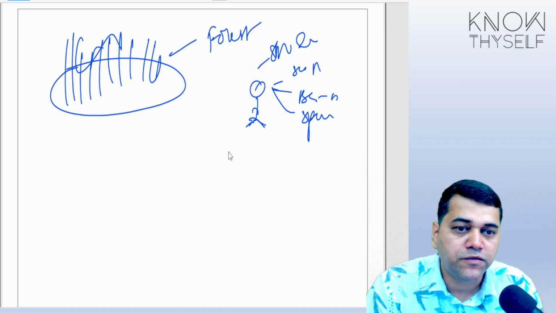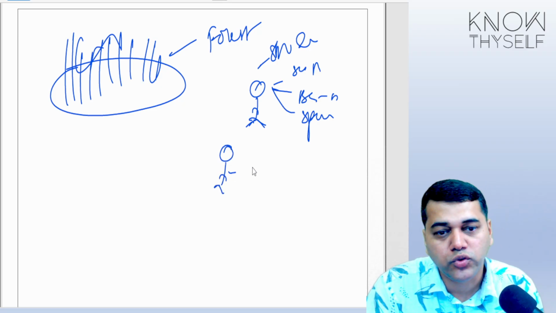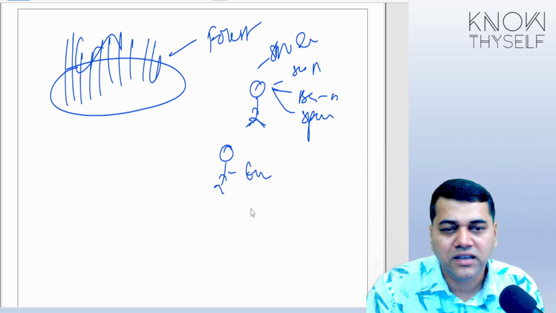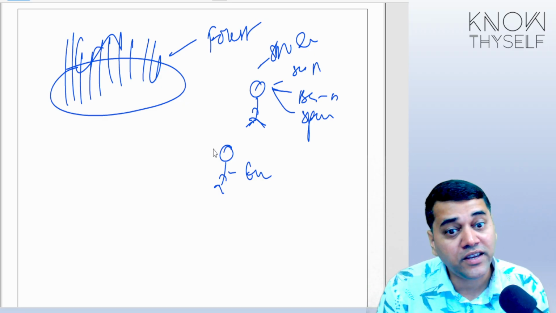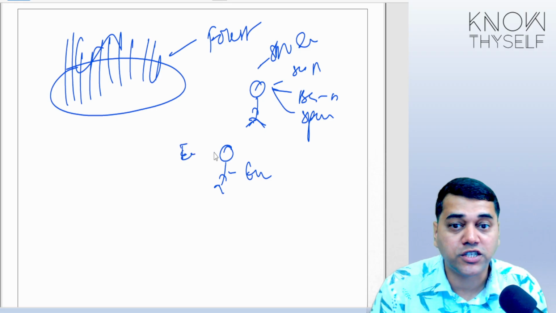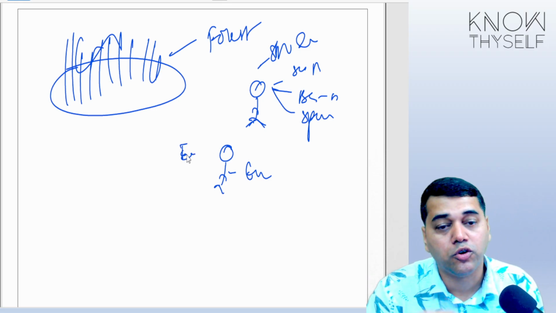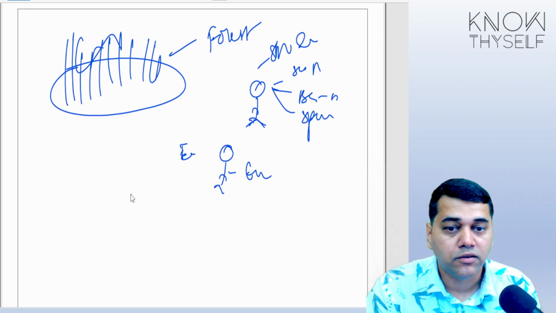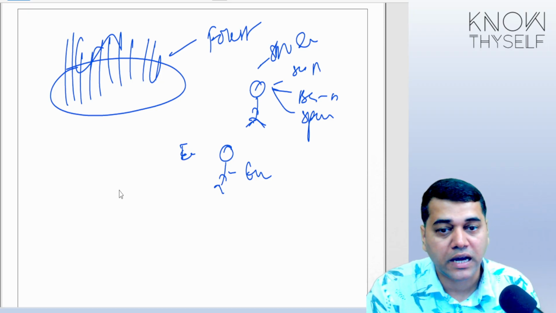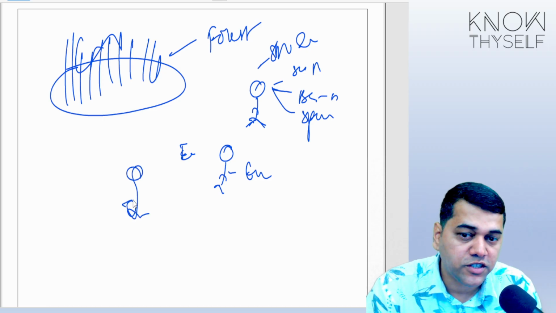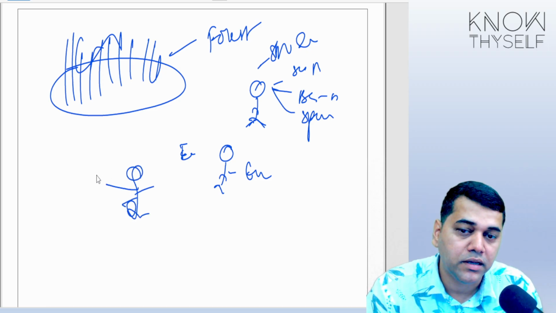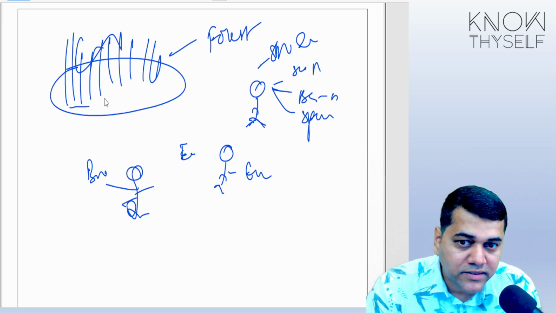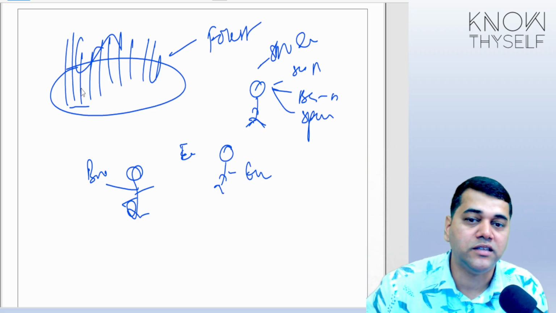Instead of a biologist, if I take a person who is an environmentalist, he is not concerned with the species. He will see environmental deforestation, how many trees have been cut, the global temperature rise and all. If I take a builder, he will think, what can I construct here on this land?